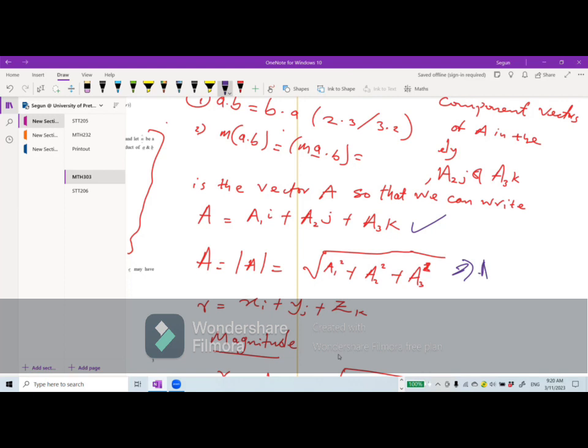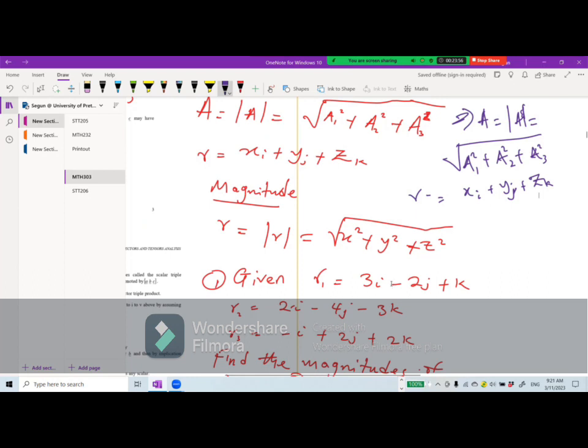That is, A is equal to the absolute value: square each of them, that is, find the square root of A1 squared plus A2 squared plus A3 squared. It's the same thing as r equals x I plus y J plus z K. So let's take note of that. It will give us something of this nature.